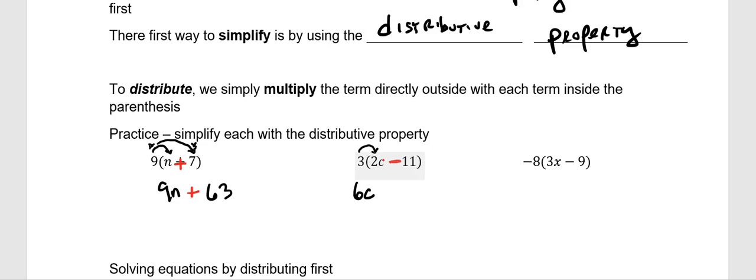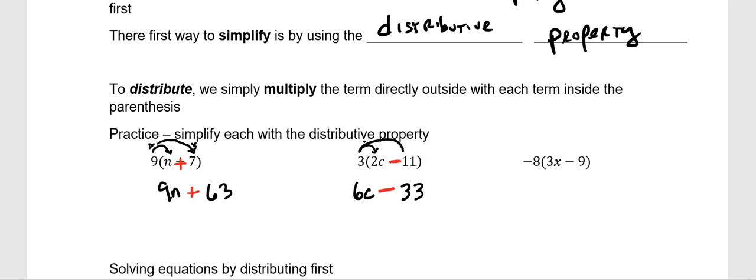I know it's a subtraction sign, but if I were to just cover this up altogether, this 2c, I'd be looking at a value of negative 11. So that tells me that I'm saying now 3 times negative 11, and I know when I multiply a positive by a negative, I get something negative, and in this case it would be negative 33.